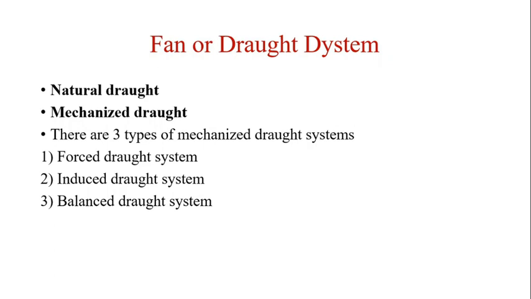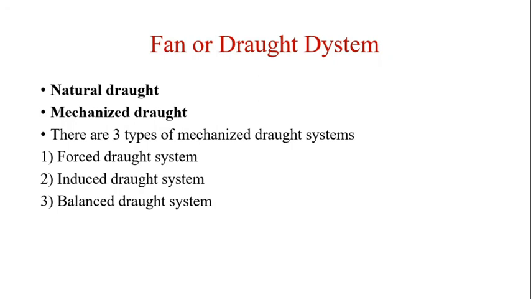This consists of natural draft. When the required flow of air and flue gases through the boiler can be obtained by the stack, that is chimney, alone, the system is called natural draught. When the gas within the stack is hot, its specific weight will be less than the cool air outside.